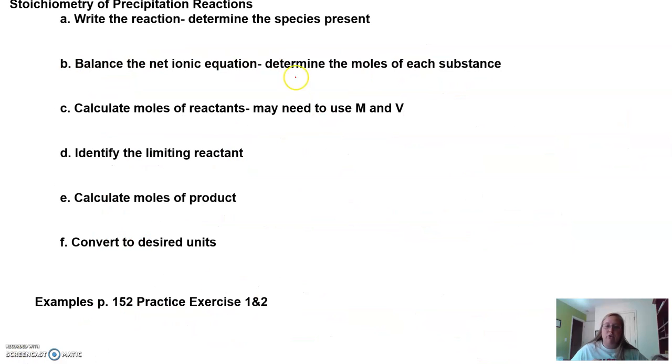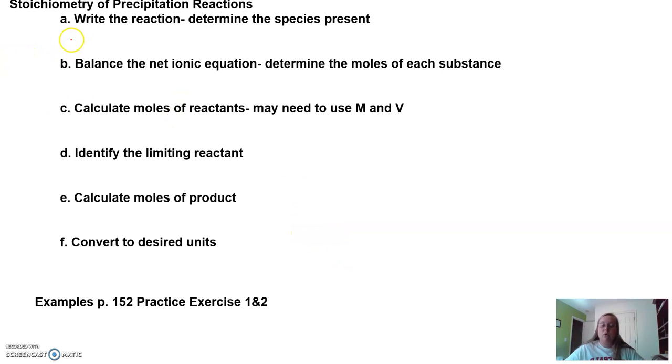The last thing I'm going to show you is a step-by-step for those of you who much prefer to have a list of steps to follow for each question. So this is guiding you through how to do these problems. Hopefully this is something that, if it hasn't already become second nature, does by the end of this unit, because stoichiometry should be engraved in your brain from as much as we did it in Chem 1.